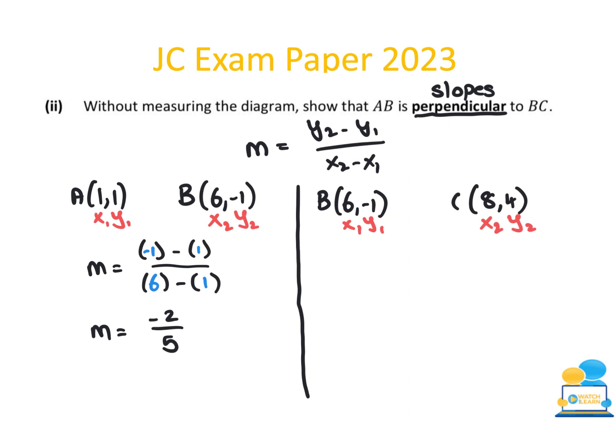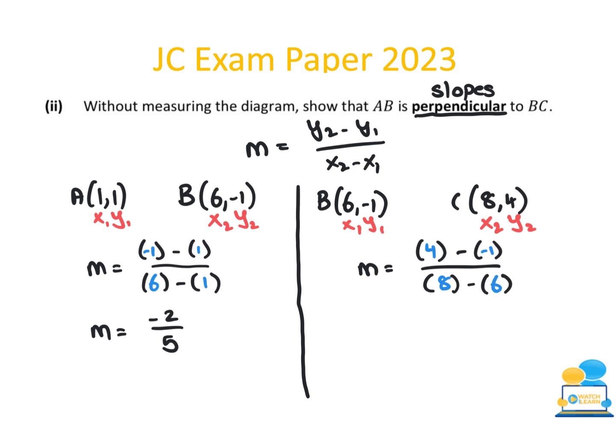Just like on the left hand side, I'm going to fill in my formula with empty brackets first. Inputting those values, y2 was 4 and y1 was minus 1. x2 was 8 and x1 was 6.